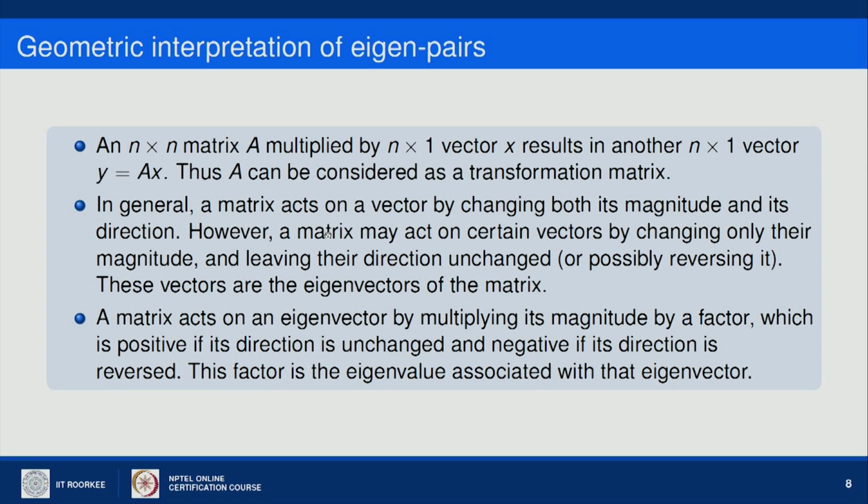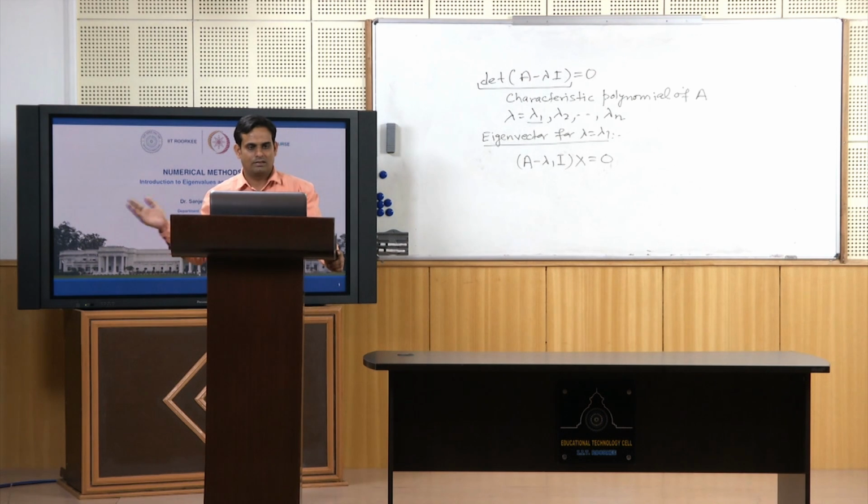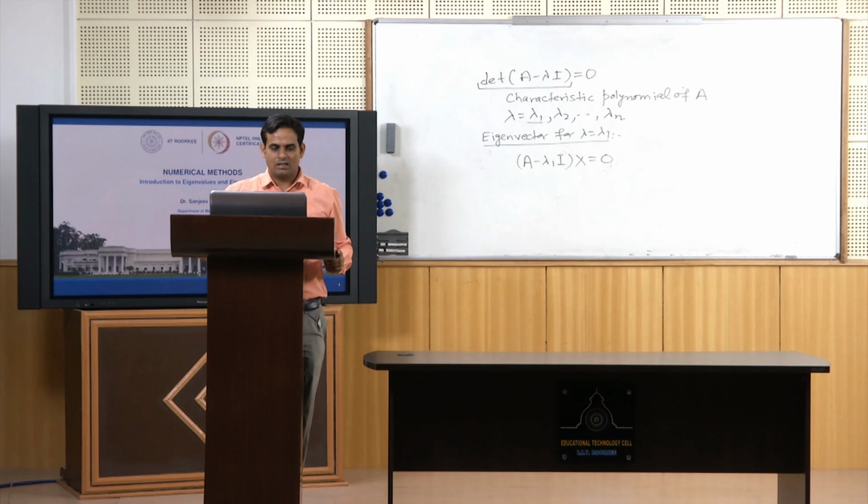Now, geometrically, we are multiplying an n by n matrix A by an n by 1 vector x, resulting in another n by 1 vector y equals A x. Thus, A can be considered as a transformation matrix, which transforms a vector into another vector of the same dimension.